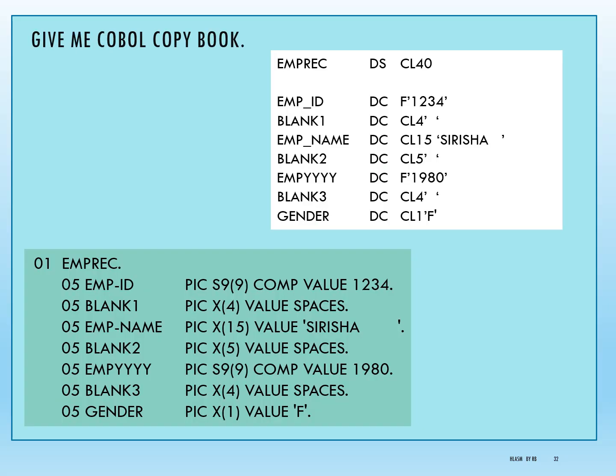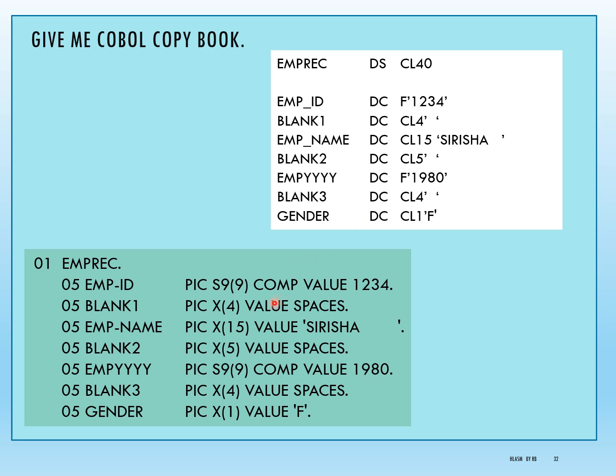Finally, something familiar. The top part is the assembler record which we are looking at, and here is your COBOL code to make you understand very easily. S99 comp value 1234 is nothing but your full word.